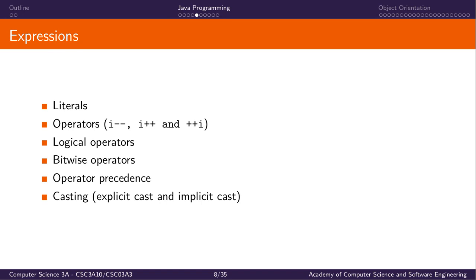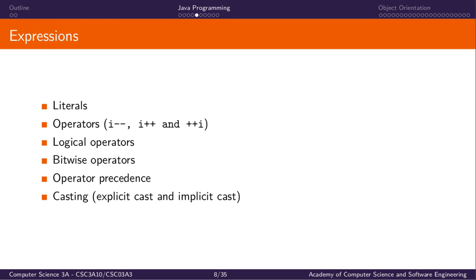Pre and post increment. i plus plus operates and adds 1. It decides which value of i to use. The two options are: I can use the current value of i, then increment it, that would be i plus plus, or I can first increment the value of i, then use that within my expression.